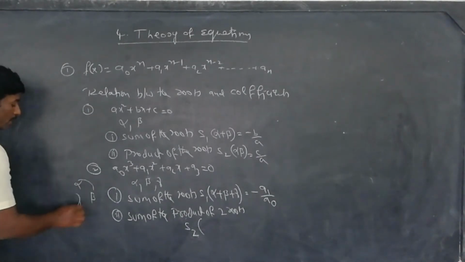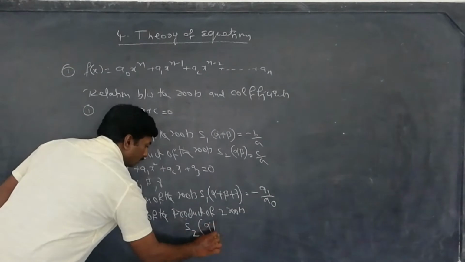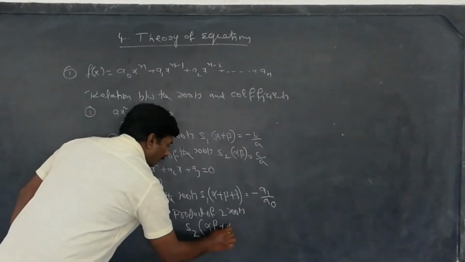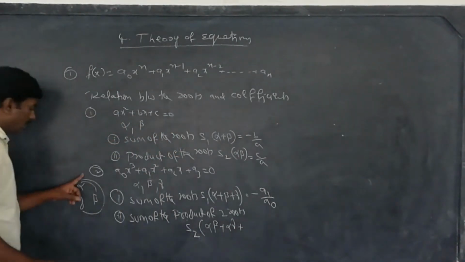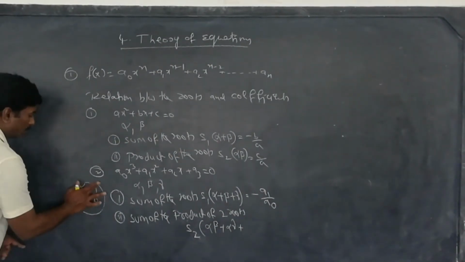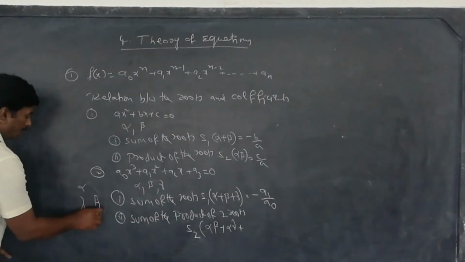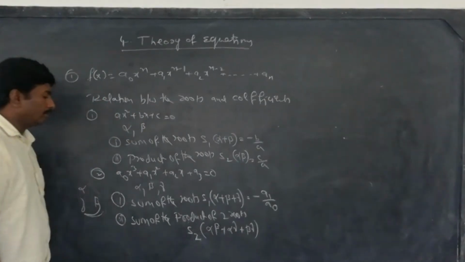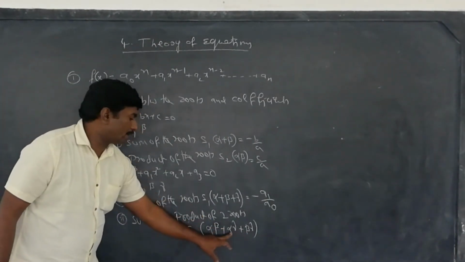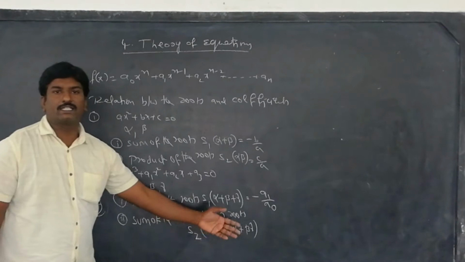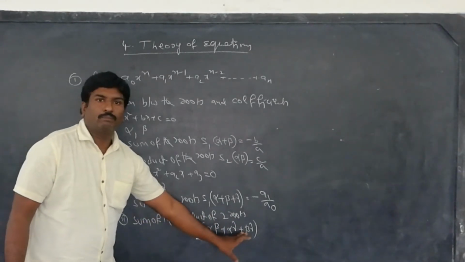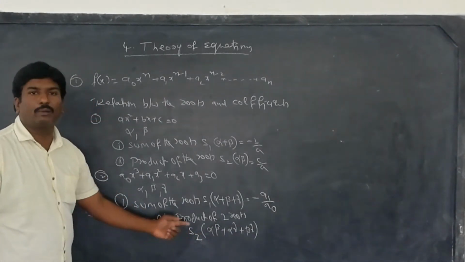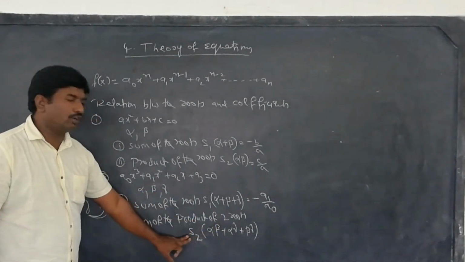First you have to move from alpha to beta, that is alpha beta plus next alpha to gamma, alpha gamma. Now start with beta, beta into gamma, beta gamma. Generally you can say, alpha beta plus beta gamma plus gamma alpha. This is called the sum of the product of two roots, denoted by S2.